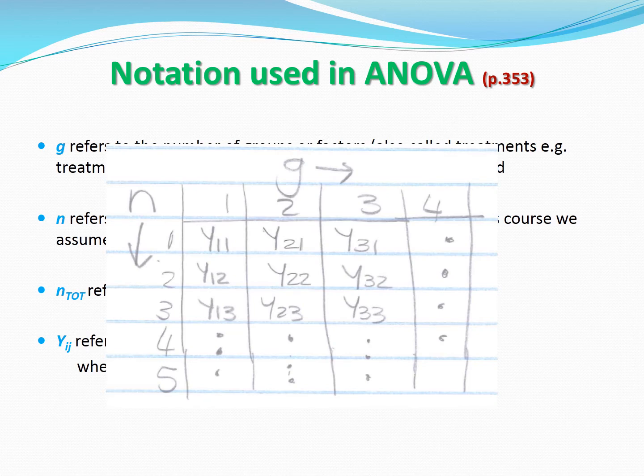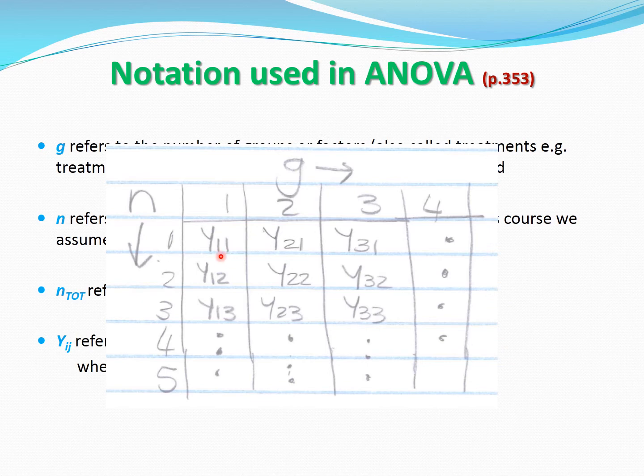I gave you an example here. Let's say that we have 4 groups in total and we have 5 elements in each group. Then the first element will be Y11, since that refers to the first element in the first group.